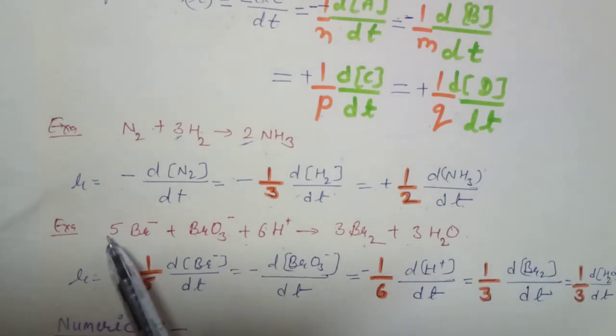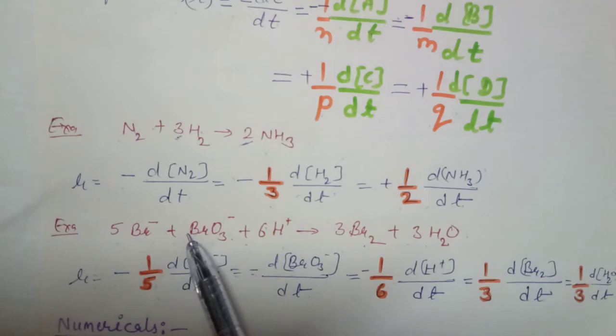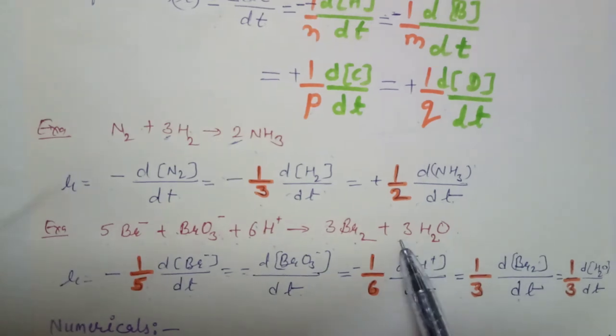R is equal to minus 1 upon 5 dBr minus upon dt is equal to minus dBrO3 minus upon dt, there is no stoichiometric coefficient, is equal to minus 1 upon 6 dH plus upon dt is equal to plus 1 upon 3 dBr2 upon dt is equal to plus 1 upon 3 dH2O upon dt. Minus is used for the reactants and plus is used for the products.